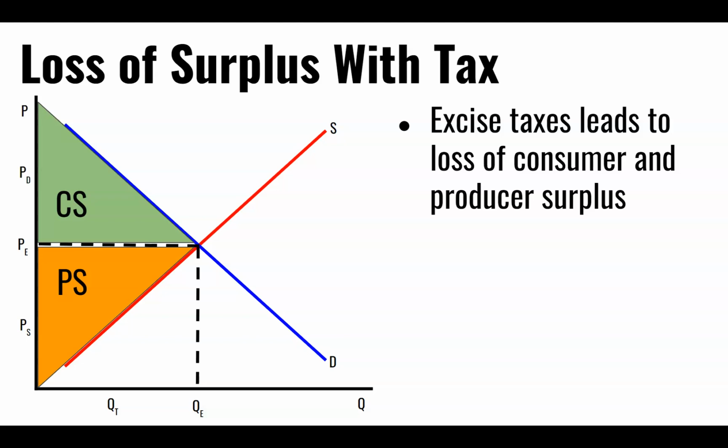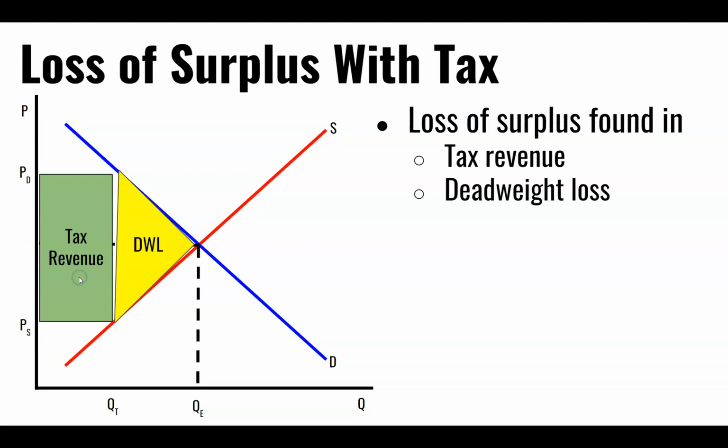But that excise tax moves us away from allocative efficiency. That excise tax puts us in a place where some of that consumer surplus is now going to the government in the form of tax revenue. Some of that producer surplus is going to the government in the form of tax revenue. And so it does leave some producer and consumer surplus, this white area above the tax incidence and this white area below the tax incidence.